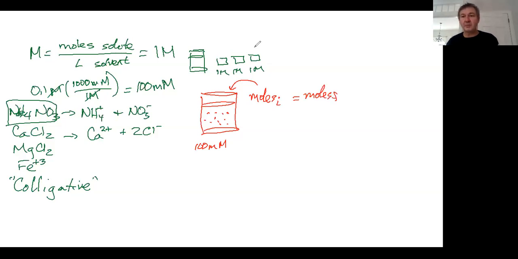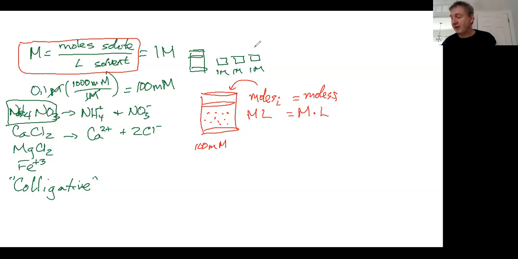Okay, so if the moles don't change, we can do some simple math. We can look back at this relationship and say, well, if moles don't change, then the molarity, the concentration, times the volume, we'll say liters, at the beginning, in this 100 millimolar solution, is going to be equal to the molarity times the liters at the end.